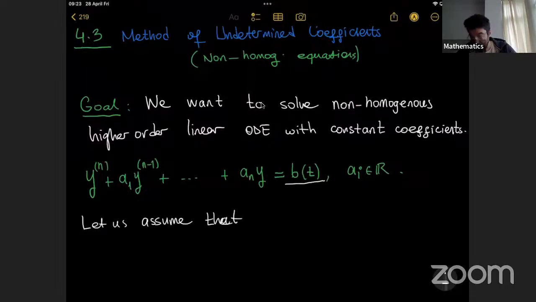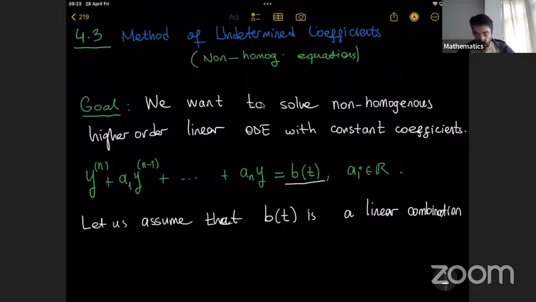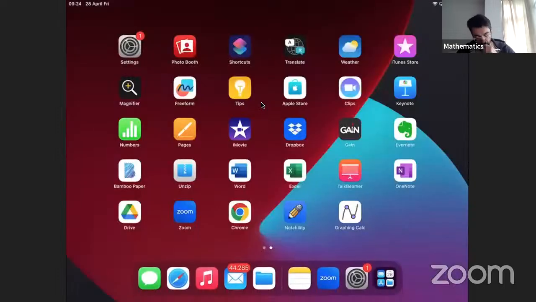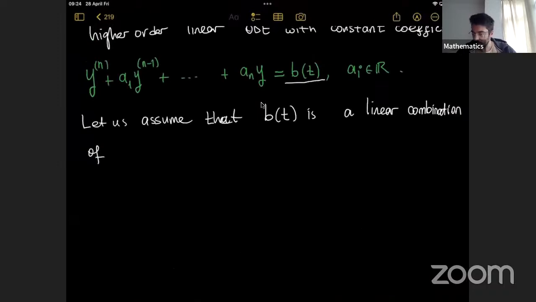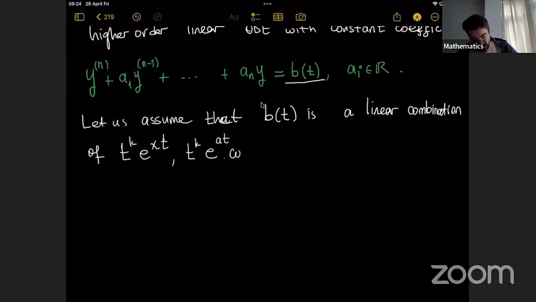Assume that b of t is a linear combination of something like t to the k e to the lambda t, where k is a positive integer, e to the at times cosine bt, t to the k e to the at times sine bt.